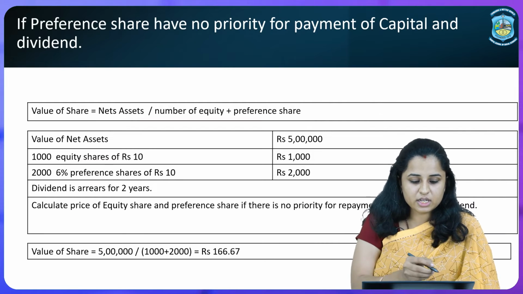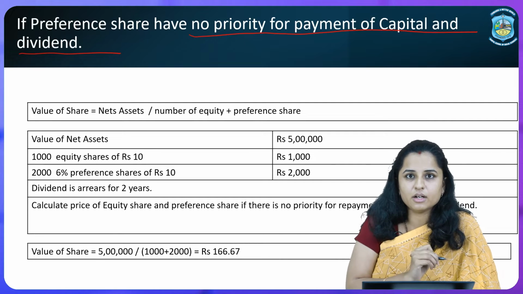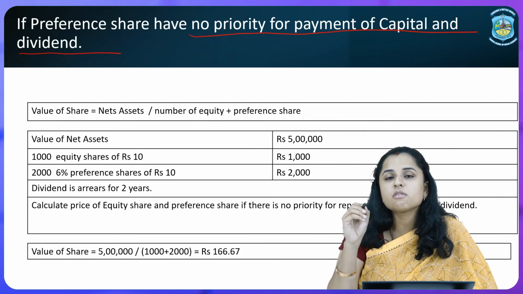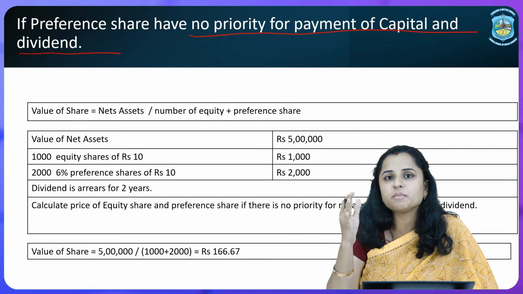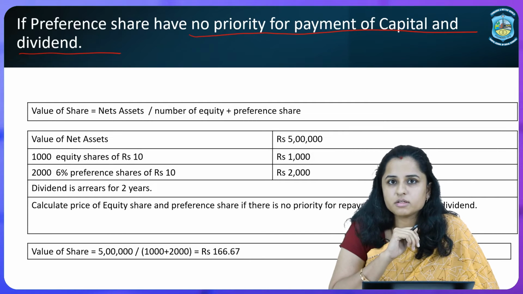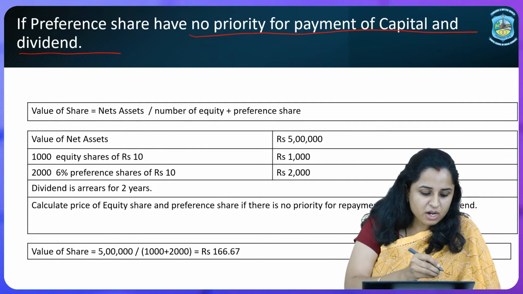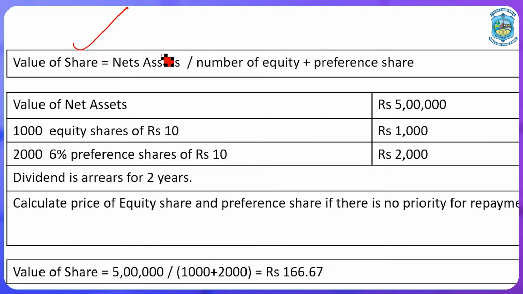The first situation is when preference shares have no priority for payment of capital and dividend. If there is no priority for payment of dividend and capital, that means it is treated at par with the equity shareholders. So how are you going to value the preference share? The simple formula is: value of a share is equal to net assets divided by number of equity plus number of preference shares.